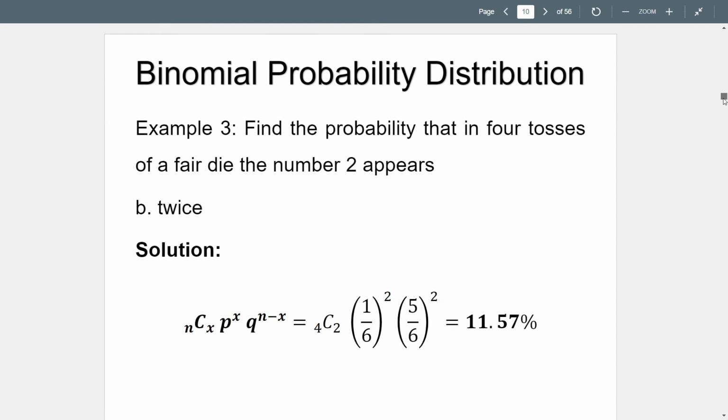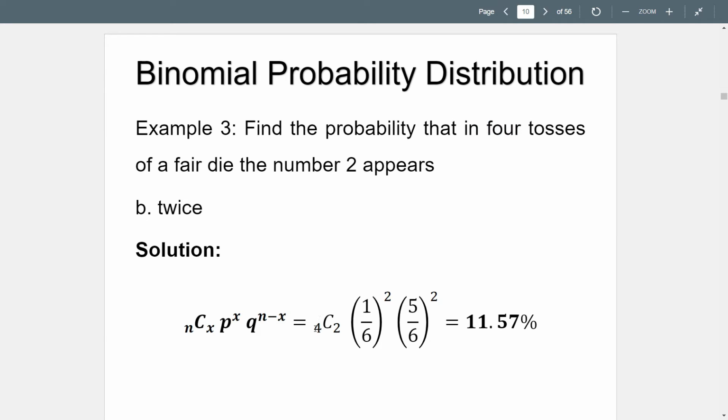Okay, so next, continuation from that problem. The probability that 2 will appear twice. Again, the probability that 2 will appear is 1 out of 6, 1 all over 6. It will appear twice, so this is x, the number of successes in a given trial, and the number of trials is still 4. So n is 4.